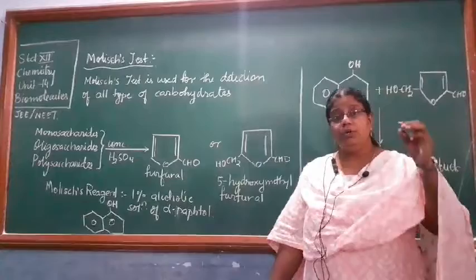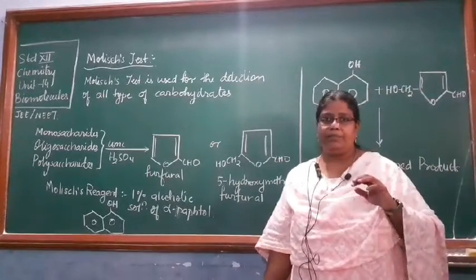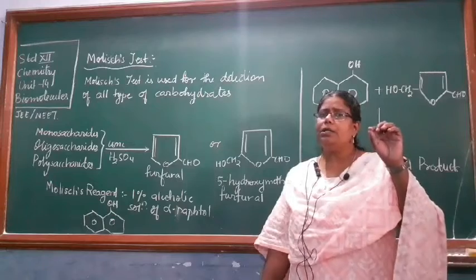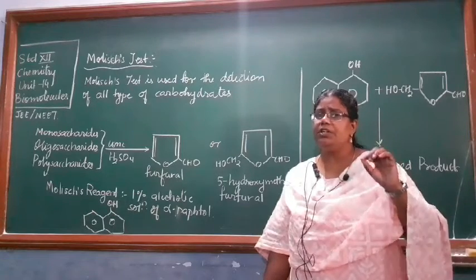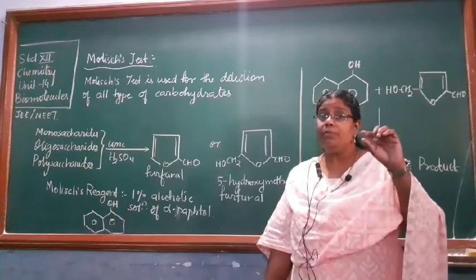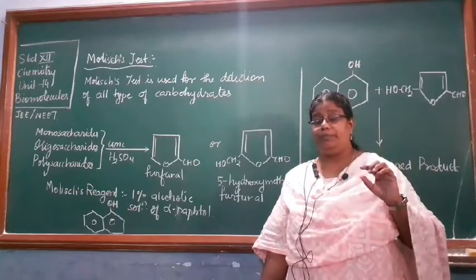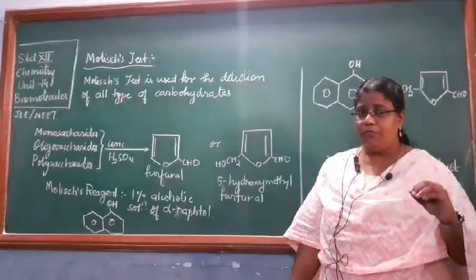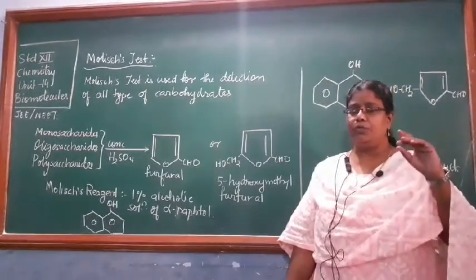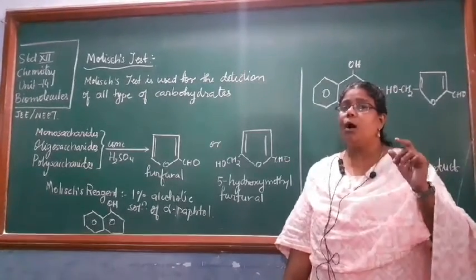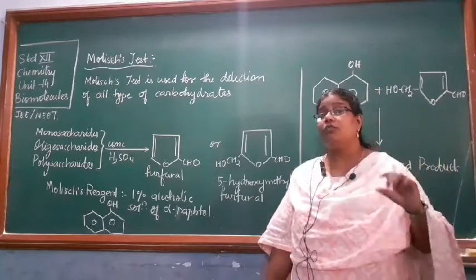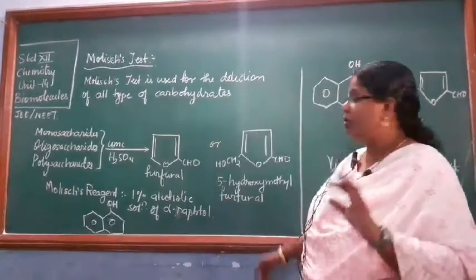That solution you add to the carbohydrate, and to this mixture you add concentrated H2SO4 slowly from the walls of the test tube. So, what will happen? After you have added the concentrated H2SO4, you will find a violet colored product forming at the junction of the two solutions.